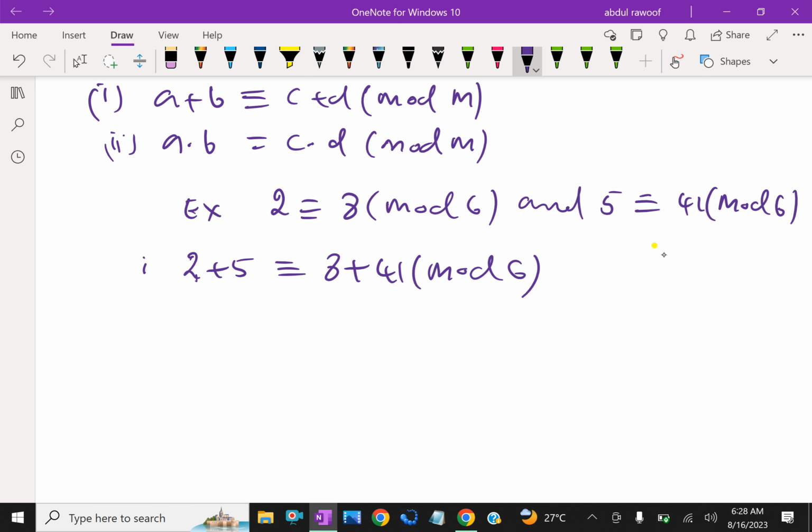Thus we cannot cancel the 3 even though 3 is not equal to 0.